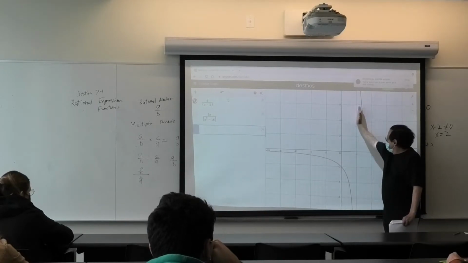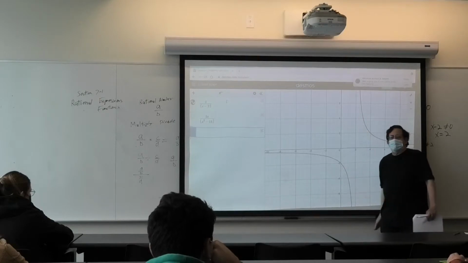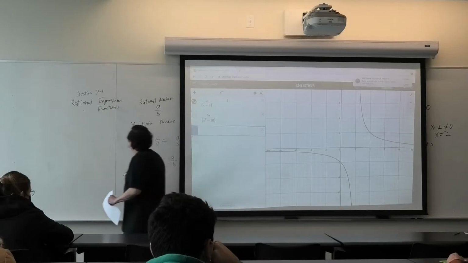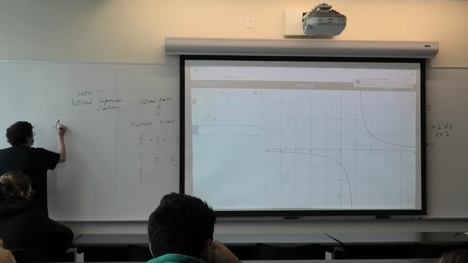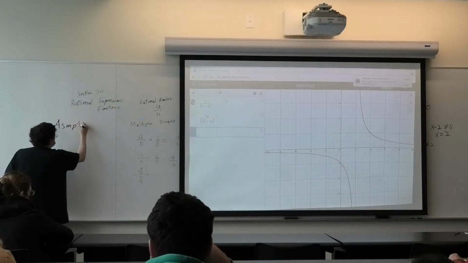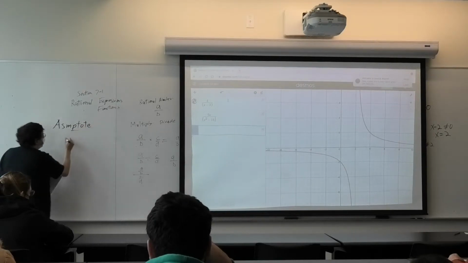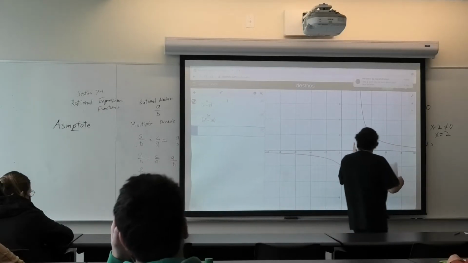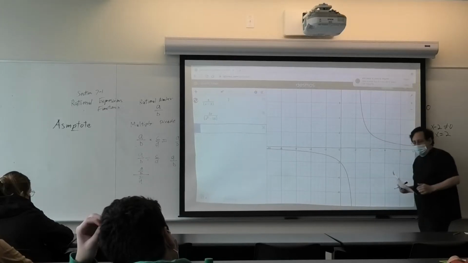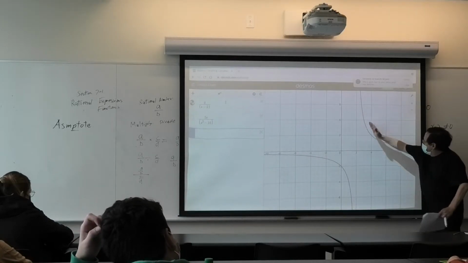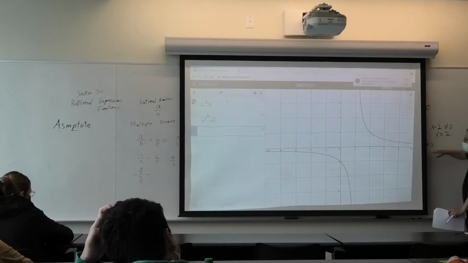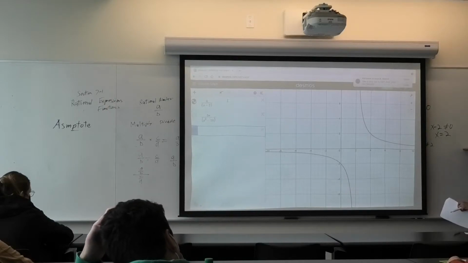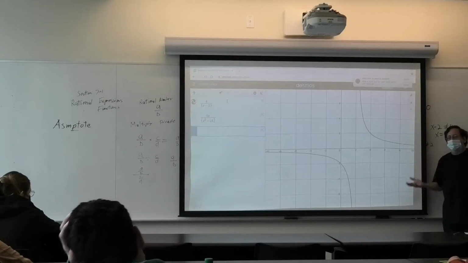Here, this line, x equals 2, is called an asymptote, which I feel like I need to write because there's sort of a silent P in there. This, of course, is a vertical asymptote. As we go out here to infinity, this is getting closer and closer to this axis, to the value 0. So that's a horizontal asymptote.